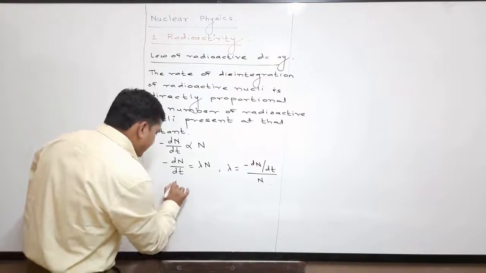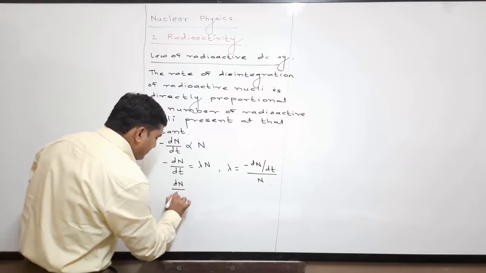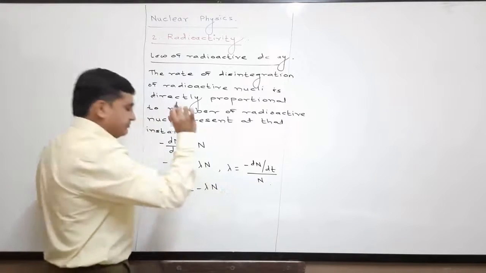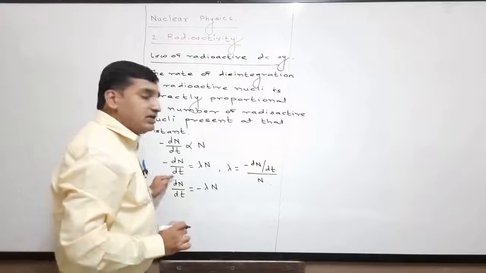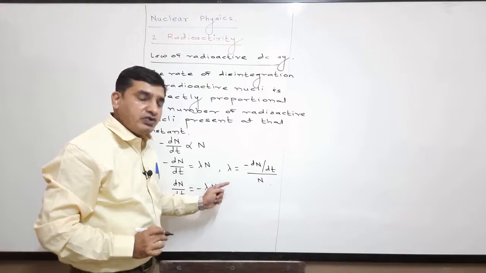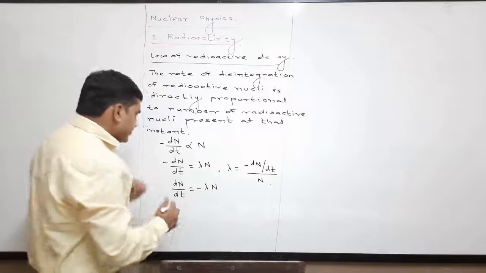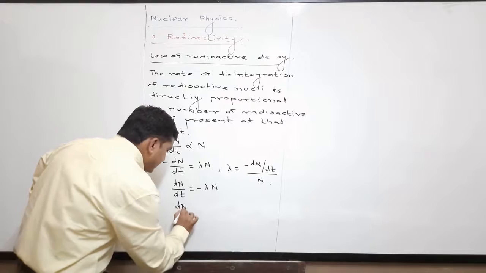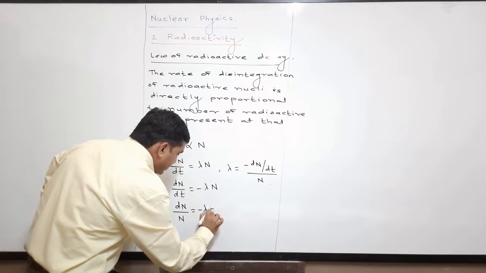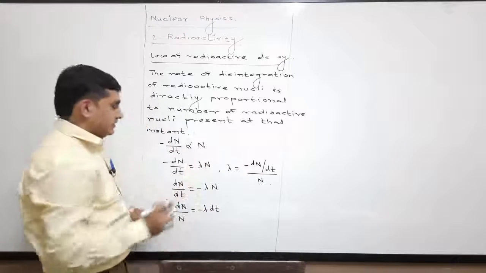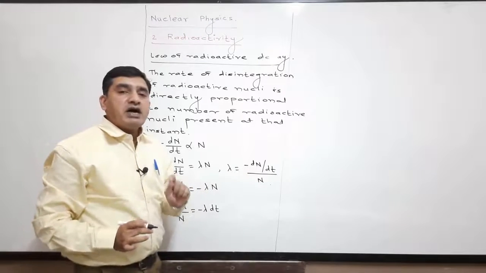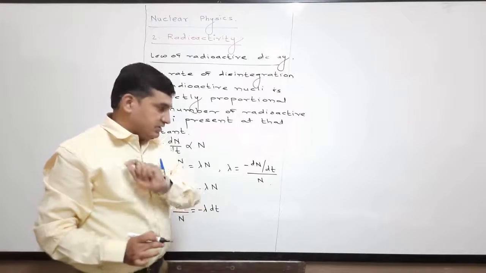This can also be written as dN upon dt equals minus lambda into N. This equation can also be written as dN upon N equals minus lambda into dt.